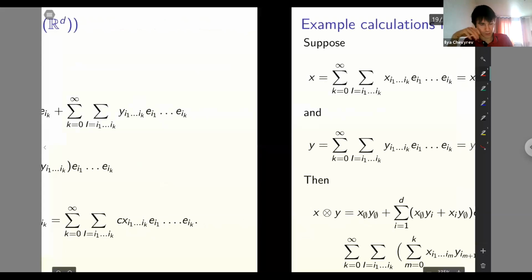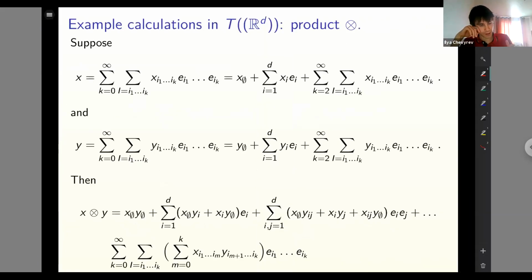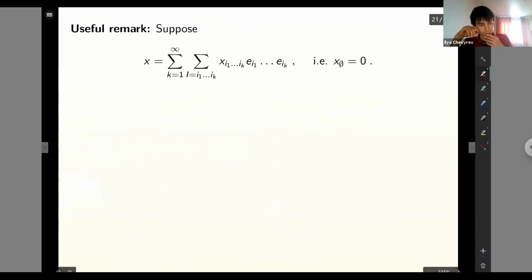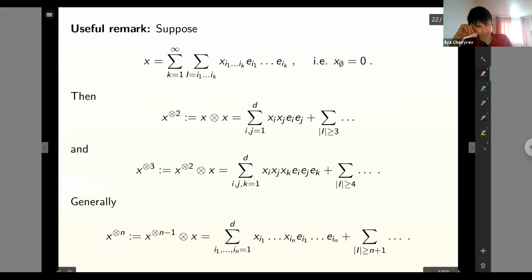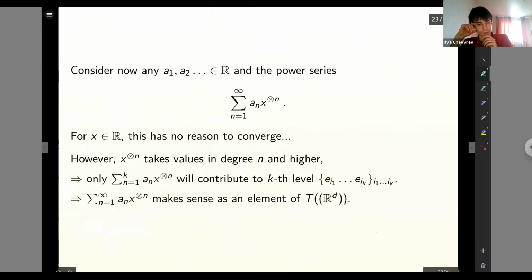Okay, so yes, we saw how to make these computations, and something that was quite interesting was that basically an arbitrary power series of elements in this space of formal series made sense, provided that the zeroth coefficient, or the empty word coefficient of the element x that we're looking at, is 0.